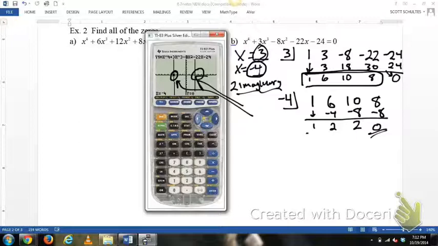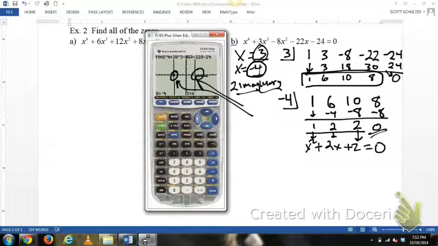So these are the important remaining coefficients of my quotient polynomial. 2 is the constant. This is the x coefficient. This is the x squared coefficient. So I have x squared plus 2x plus 2 that I'm going to set equal to 0.